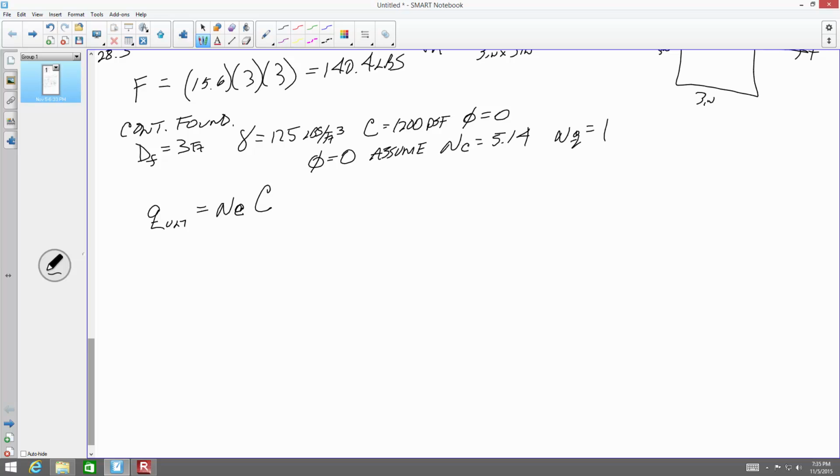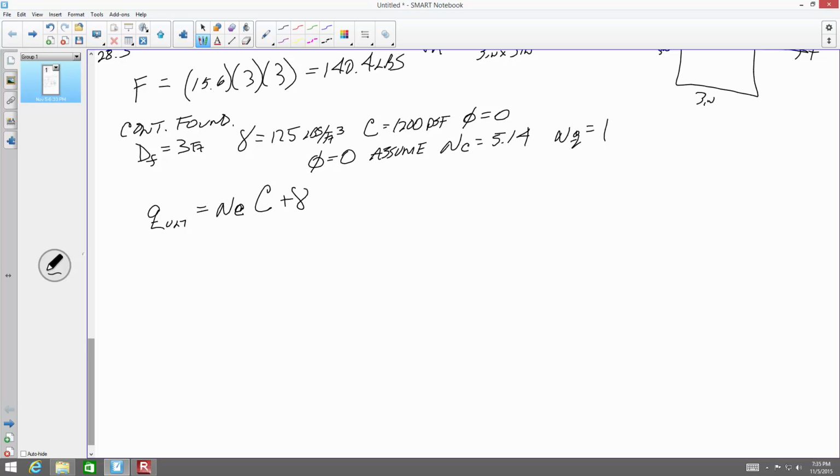I don't see the bearing capacity equation in the book here. Am I missing it? That's making me scared I missed a page, guys. I don't see it there. I really don't.